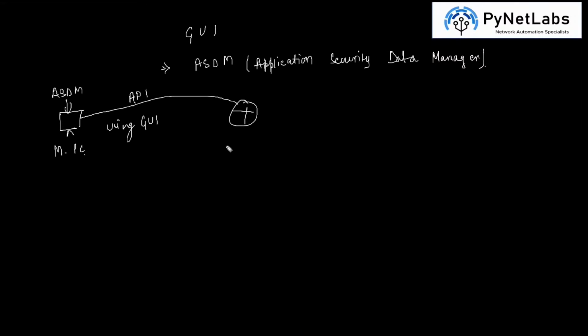Now we know how things work using an API or GUIs, but still there is something where we are lacking. Even if we try using this method, we can only configure one device at a time, right? Like the example we took, which was a firewall. Let's say you connect that firewall with the management PC and you make the changes on the GUI.